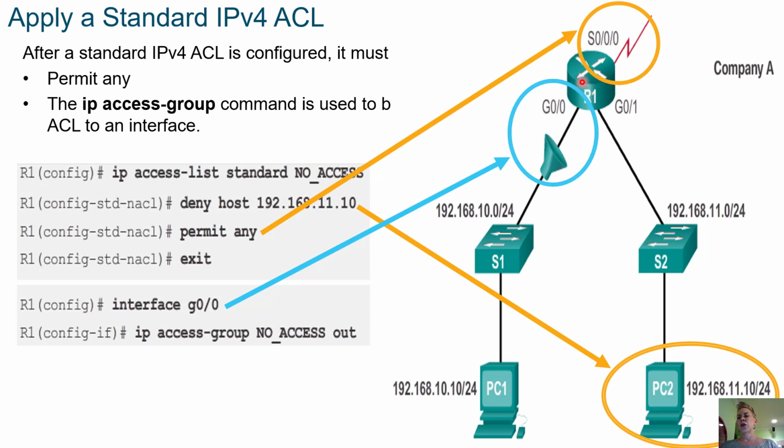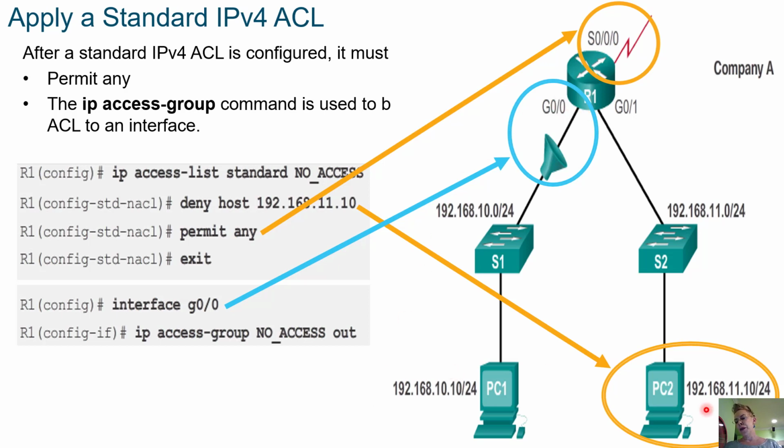It goes through the route table and hits this interface. Now the interface is acting like a security guard. It's checking its log and asking, do I have any access control lists for this packet? As a matter of fact, I do, and I'm supposed to deny it. So in this scenario, that packet will get dropped.